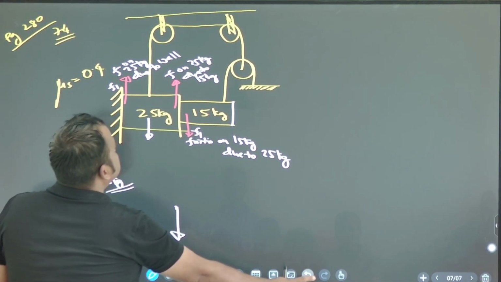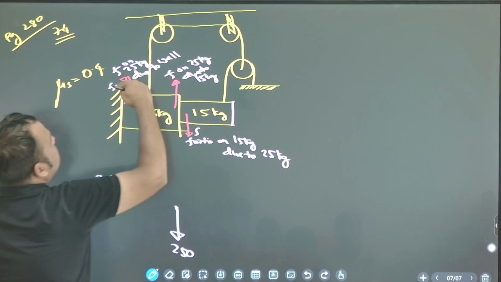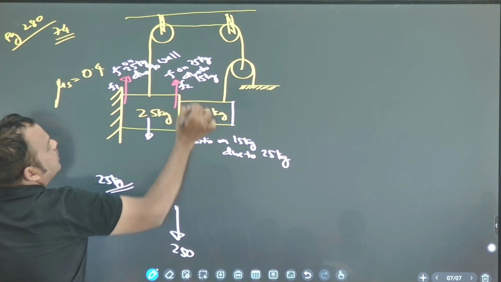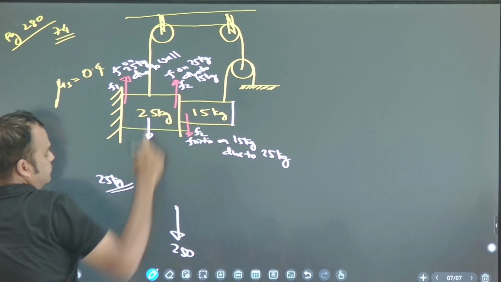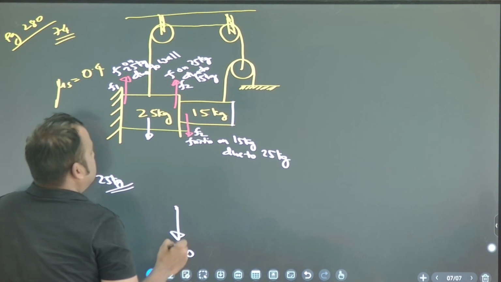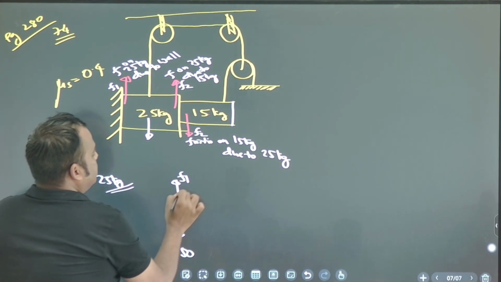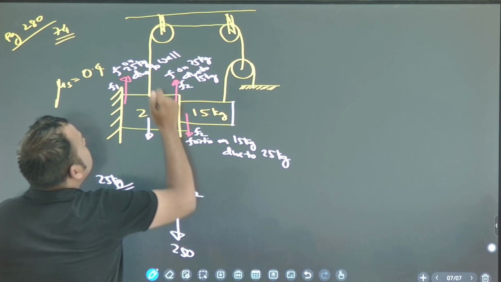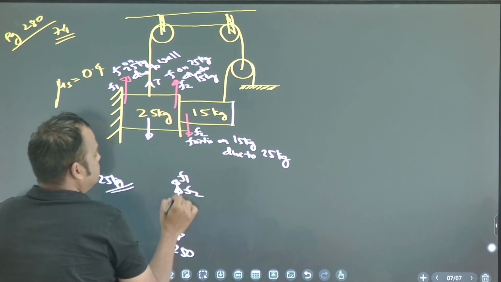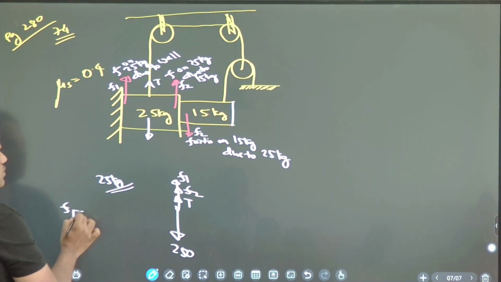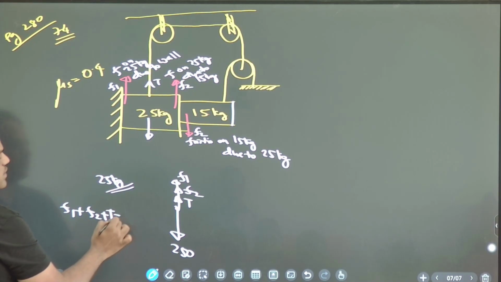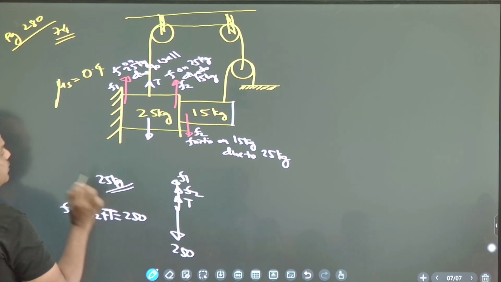This is F1. This is F2. These are action reaction, okay? So F1, F2, tension is there, here tension is there. Now balance it. So F1 plus F2 plus T is equal to 250.